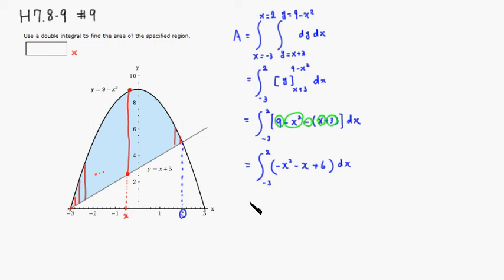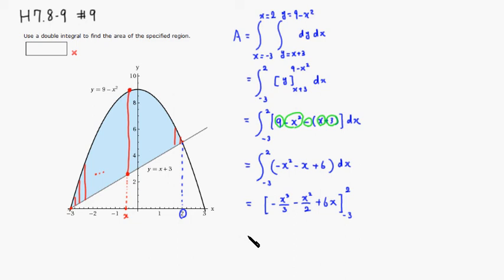Using the power rule to find the antiderivative, we get negative x cubed over 3 minus x squared over 2, and the antiderivative of 6 is 6x. You have to evaluate it from negative 3 to positive 2.